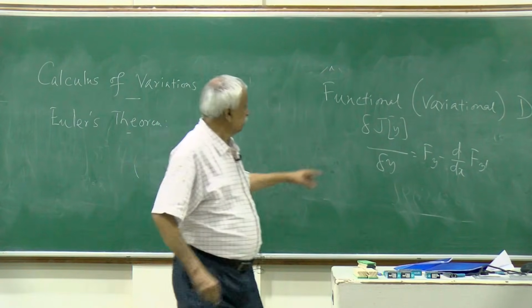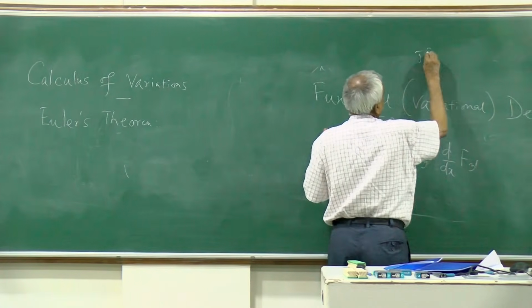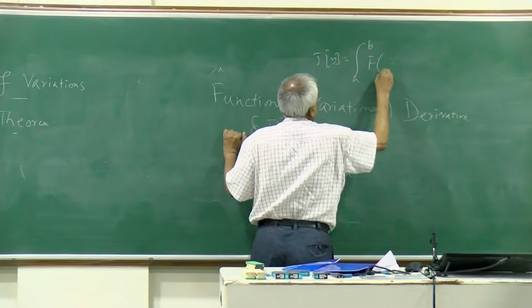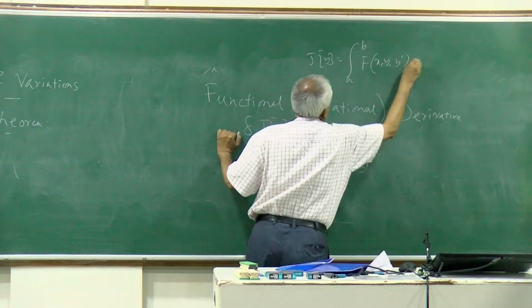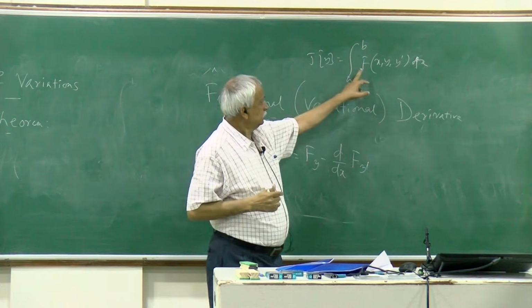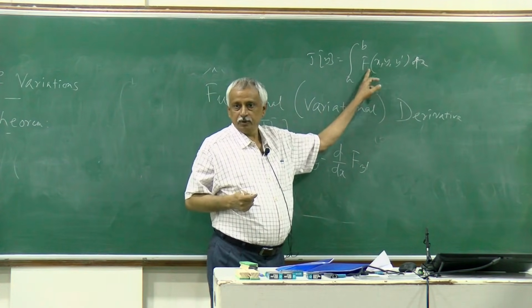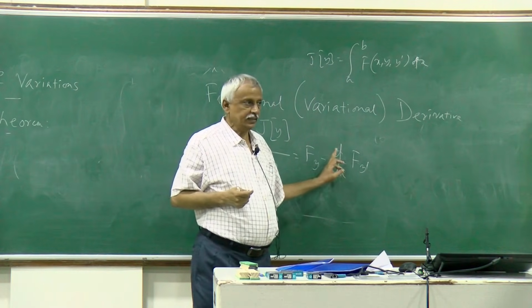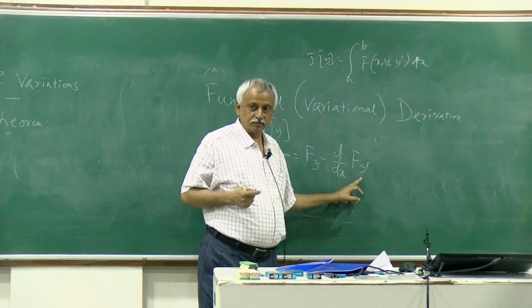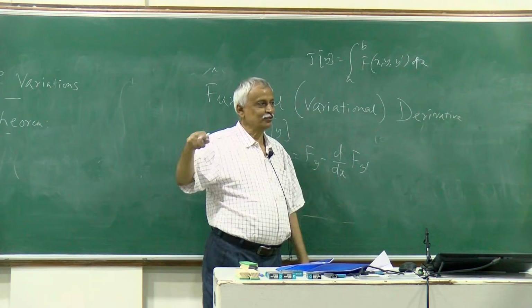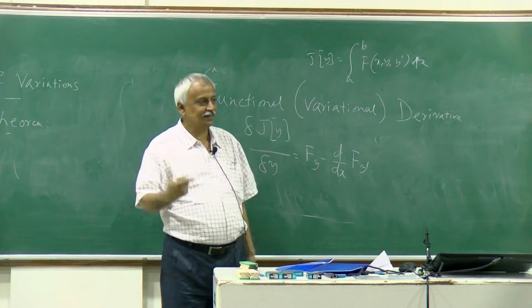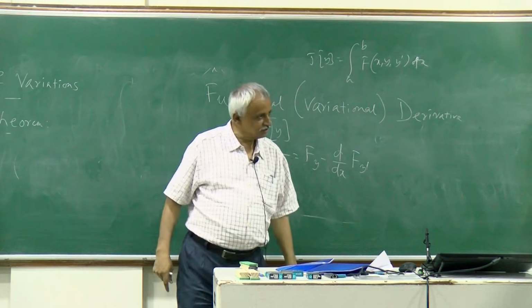So you remember, what is the functional? J of y is the integral from a to b of f(x, y, y') dx. So you take the derivative of f with respect to y minus d/dx of the derivative of f with respect to dy/dx. Again, a joint exercise for you, where he did rho plus grad rho and defined the Thomas-Fermi equation.